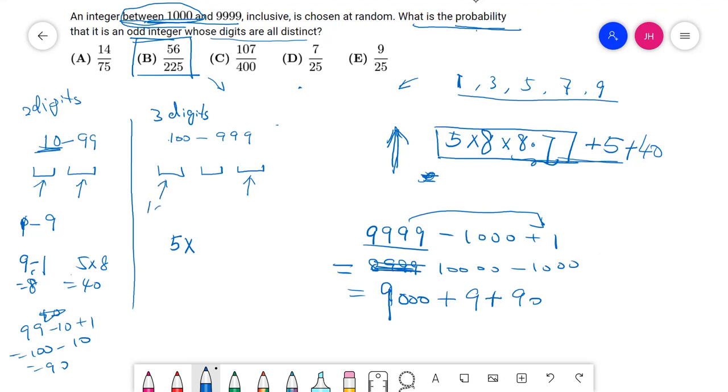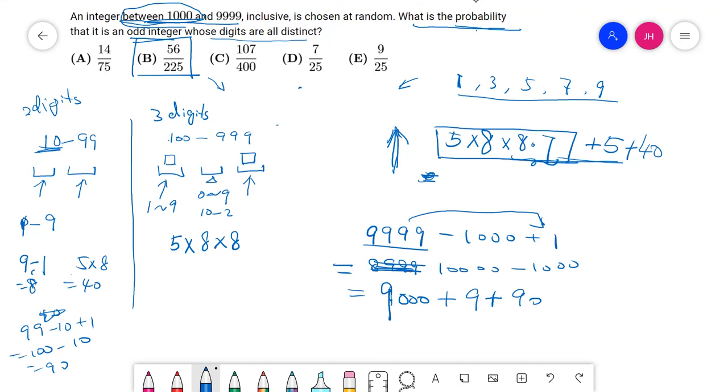It got to be picked between 1 and 9. But one of the 9 numbers has been reserved for the 1st digit. So we have 8 left. Good. And this middle digit can be anything between 0 and 9. But 2 numbers have been chosen for the leading and the last digits. So our choices will be 10 minus 2. So we have 8 choices for the middle digit.